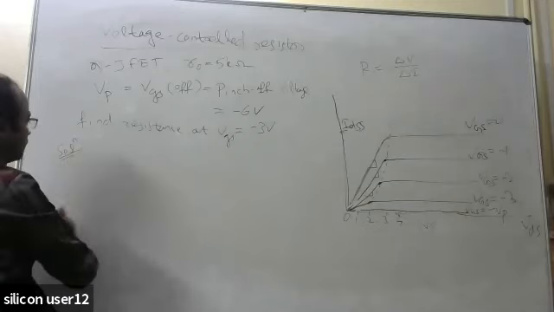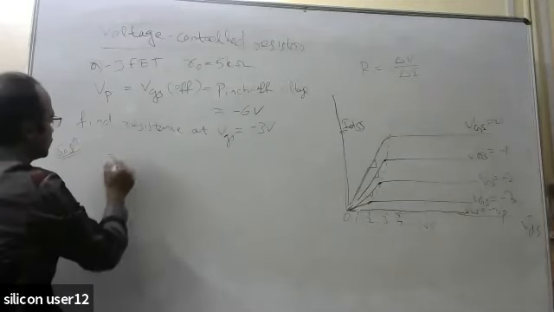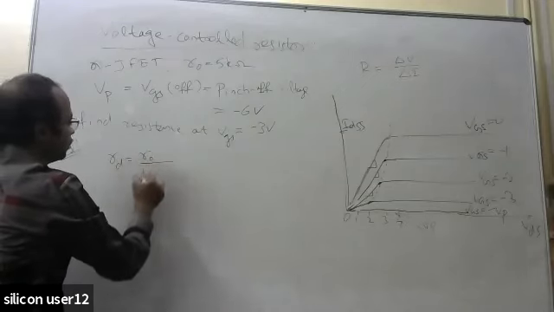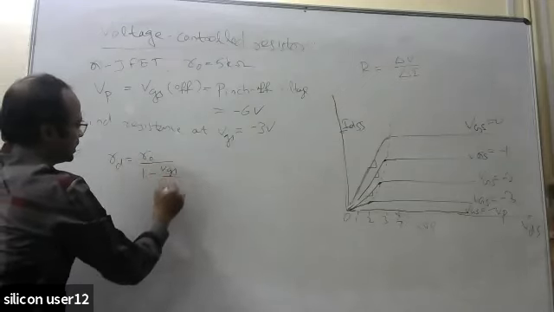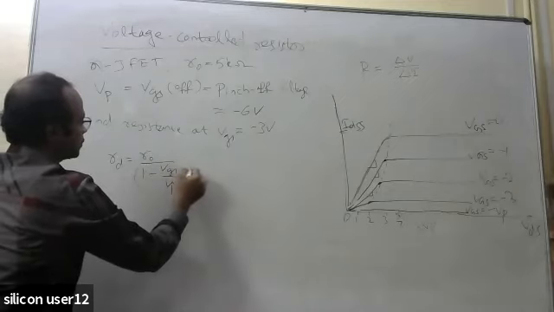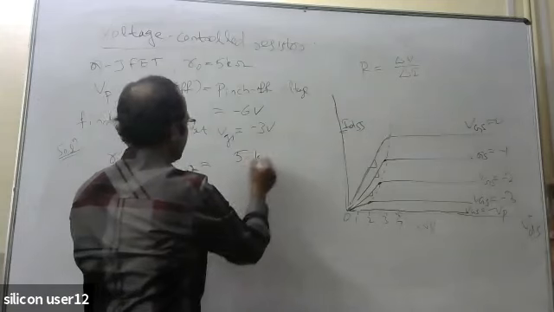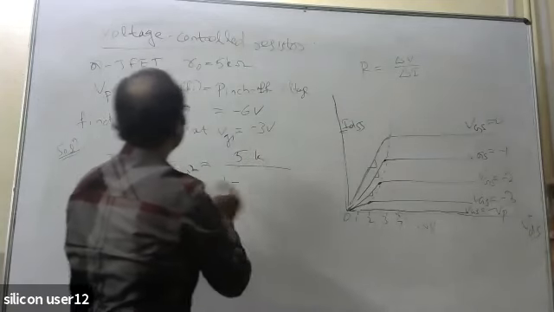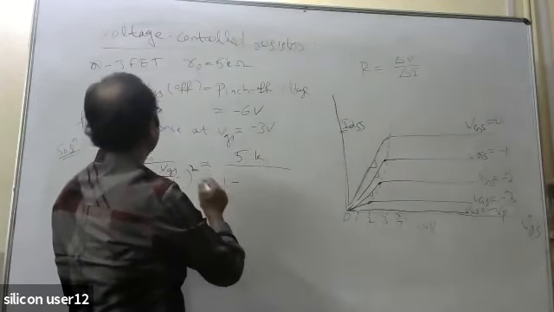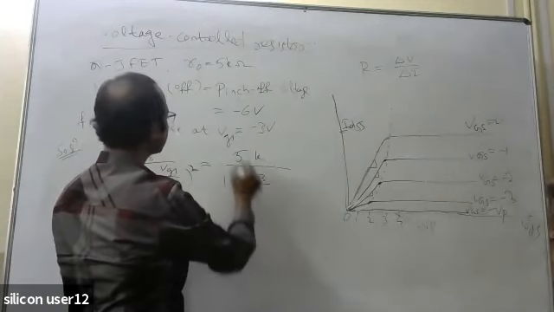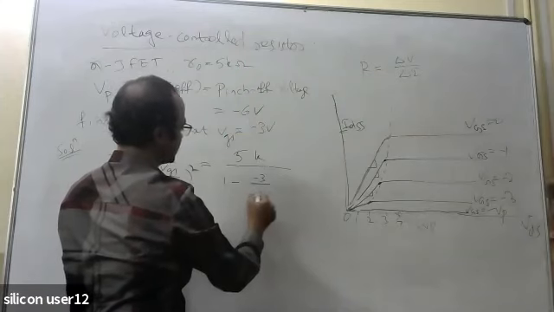So 20, yes. RD equal to R0 by (1 minus VGS by VP) whole square, that is equal to 5k by (1 minus VGS by VP). VGS is minus 3 volt, and VP is minus 6.